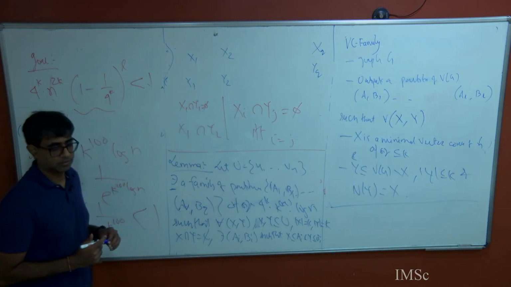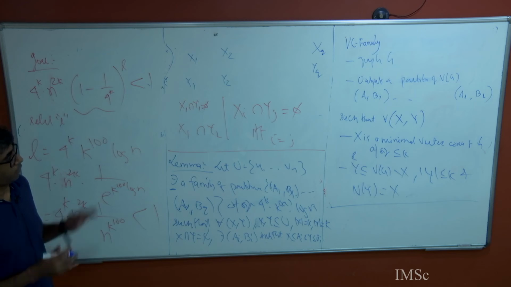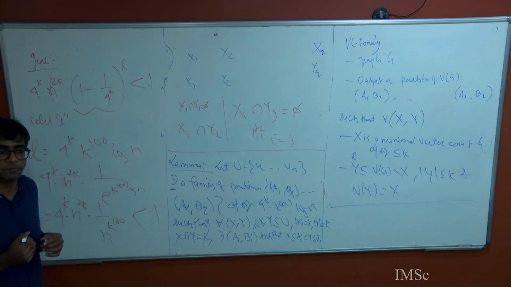This is what we want. So, I want such partition. How do I go about finding such partitions?